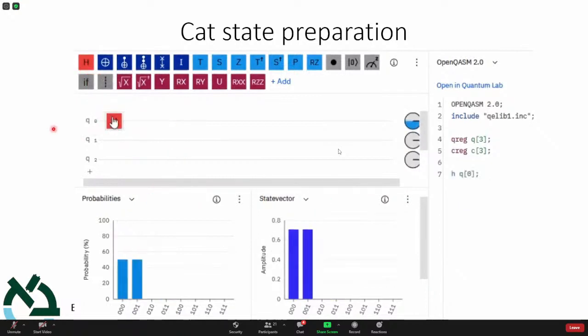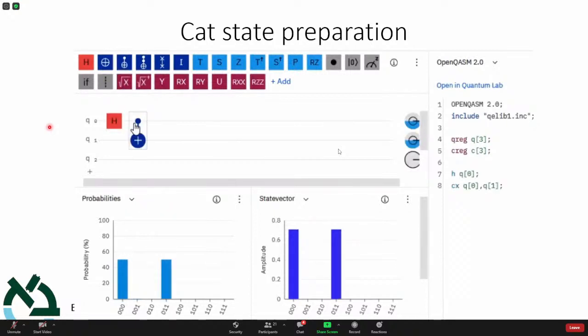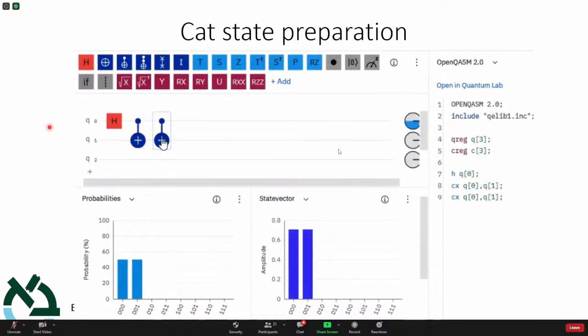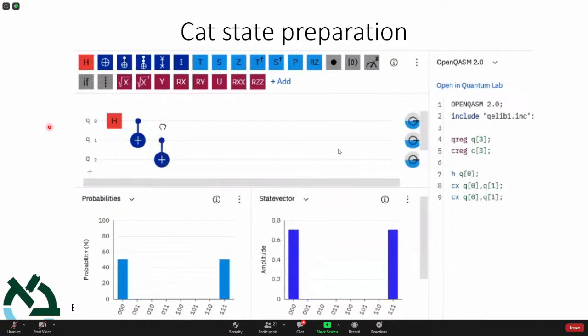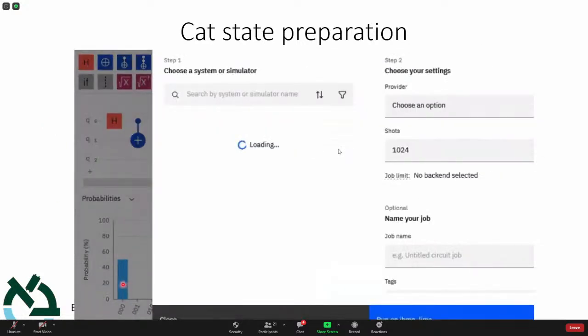Let me repeat the movie. So again, I prepare a single qubit superposition, and then I drag and drop a controlled-NOT gate. Now I'm going to drag and drop another controlled-NOT gate. And what it does for you is prepare what I would call a cat state. A cat state is just a state in which you have a superposition of 0, 0, 0 and 1, 1, 1.